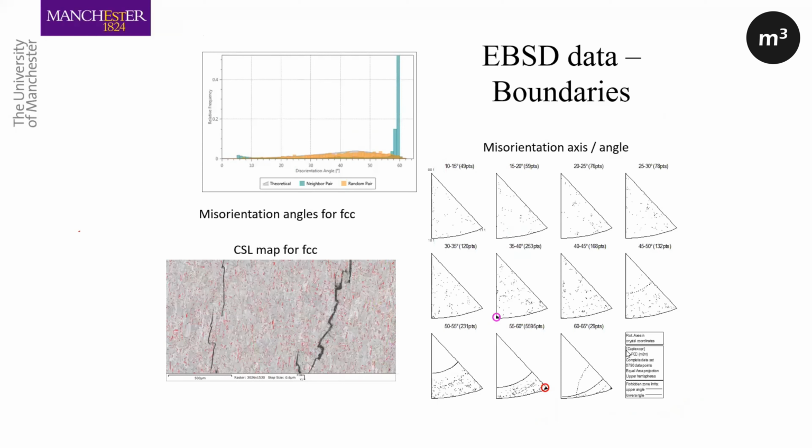We can also look at the misorientation between data, and you can see that, for example, in this sample, there is 60 degrees around 111, which are displayed here in red, and also shown here. So these are twin boundaries in the austenitic structure.